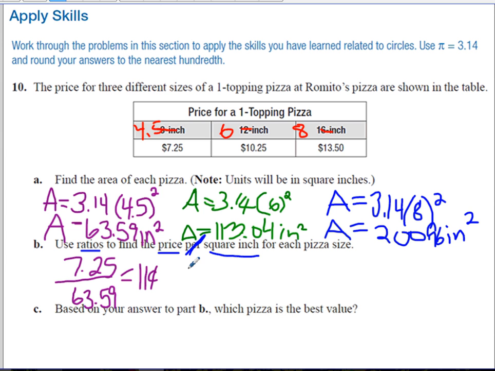Now let's do the same for our medium pizza. And so we have the cost of a medium is $10.25. And we found the area to be 113.04. Which, when we divide rounding to the penny, gives us 9 cents per square inch.